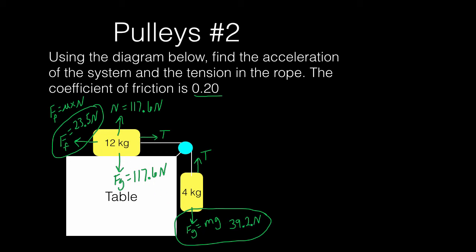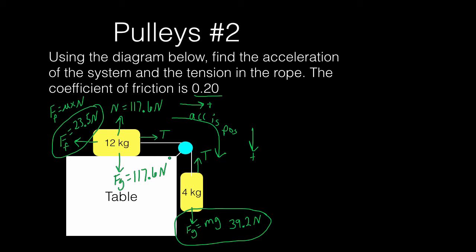In this case, the 39.2 newtons is larger, and so what that means is there's going to be a net force, and this block is going to be moved down by gravity, and since it's connected by a rope to this block, it is also going to move. So let's draw in our direction of motion. And so acceleration is positive in this direction. So everything to the right is positive, and everything down will be positive.